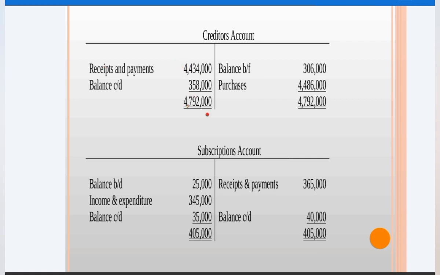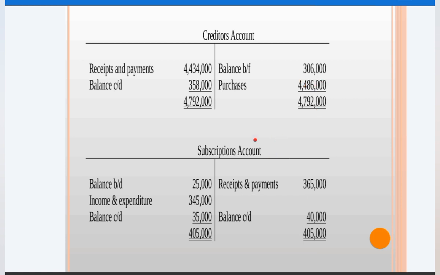Then we balance off the account. So the balancing figure is 4486, which should be now the actual purchases for 2020. Therefore, this is the figure that we will use for purchases.